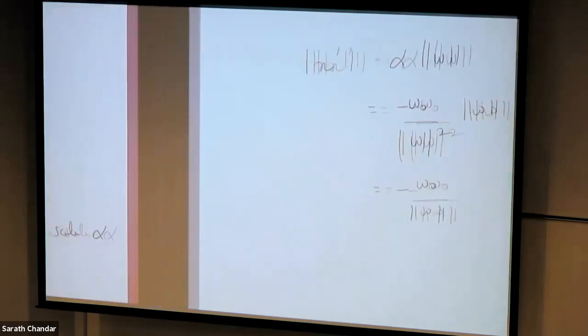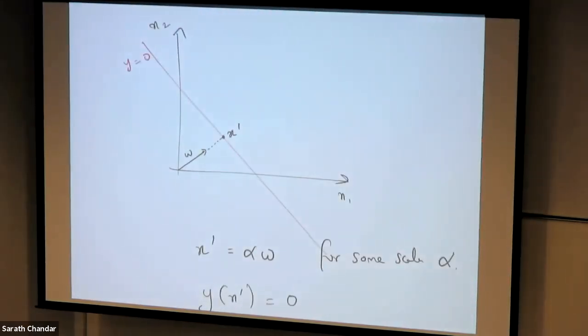Okay, so if I go back to this picture, now this distance, right, the distance from origin to the decision surface, this is given by minus W0 by norm of W. Is that clear? Okay, so now I think I have established two observations.